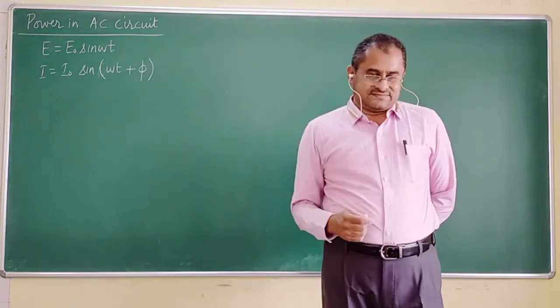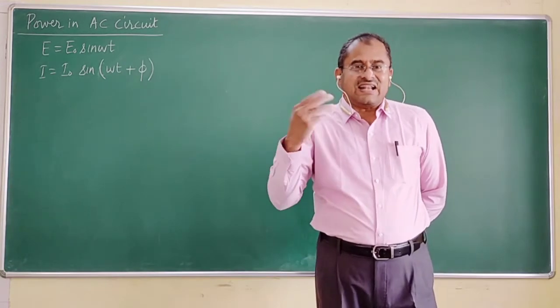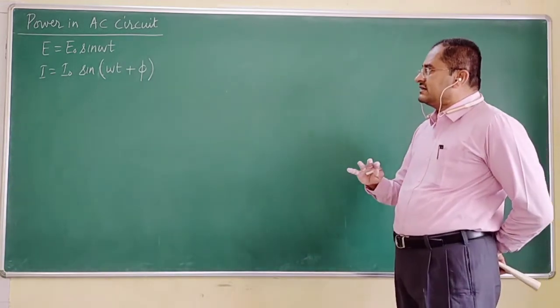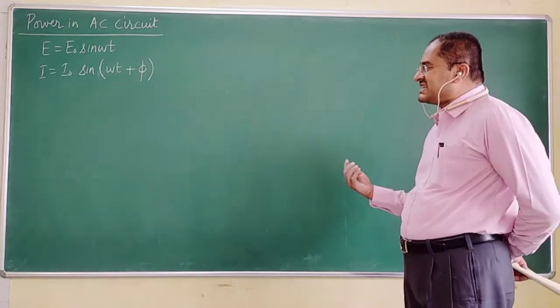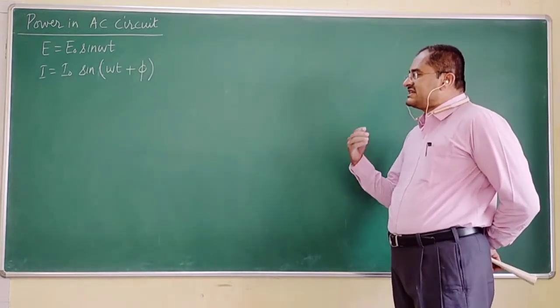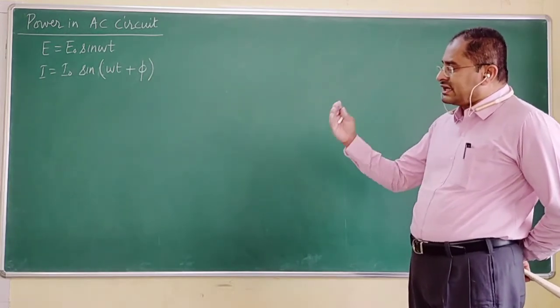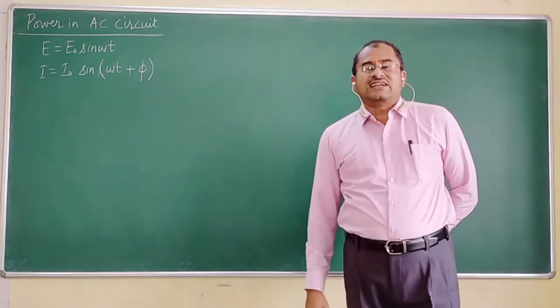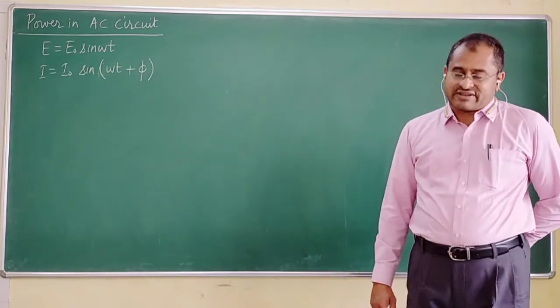If XL is greater than XC, the current will lag. If XL is less than XC, current will lead. So for my case here, I am assuming XL is less than XC and therefore the current is leading the applied EMF by a phase angle phi. Therefore, I have taken the expression I is equal to I naught sine omega t plus phi.